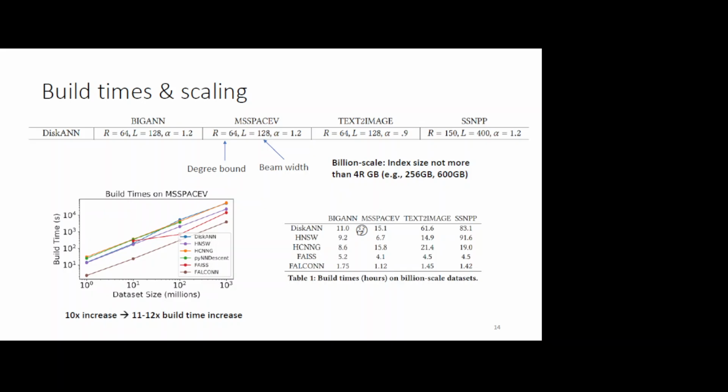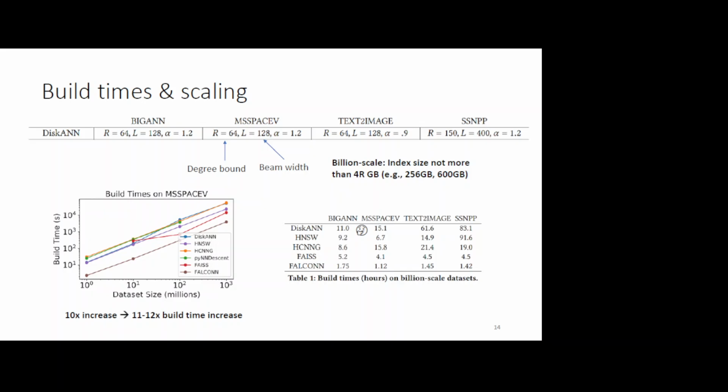Okay, so generally, in the billion scale, the index size will depend on how many neighbors you connect. It's like 4RGB, where R is the number of neighbors you connect. So in this case, if your neighbors are 64, you will need 256 gigabytes just to store your index. Remember, you have to keep the index structure and also your raw data in memory.